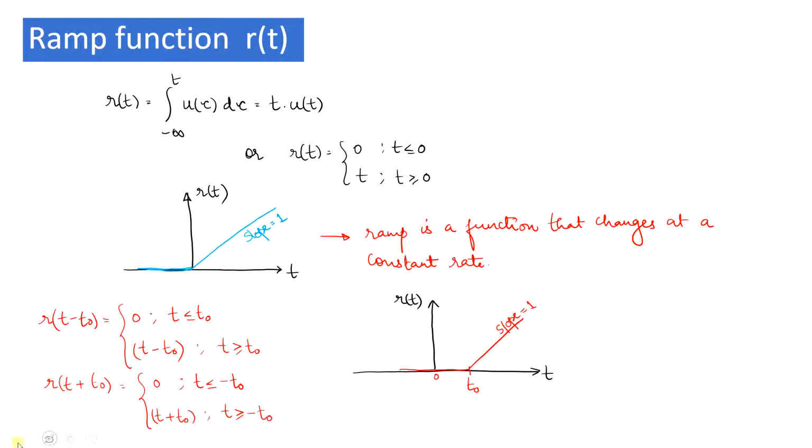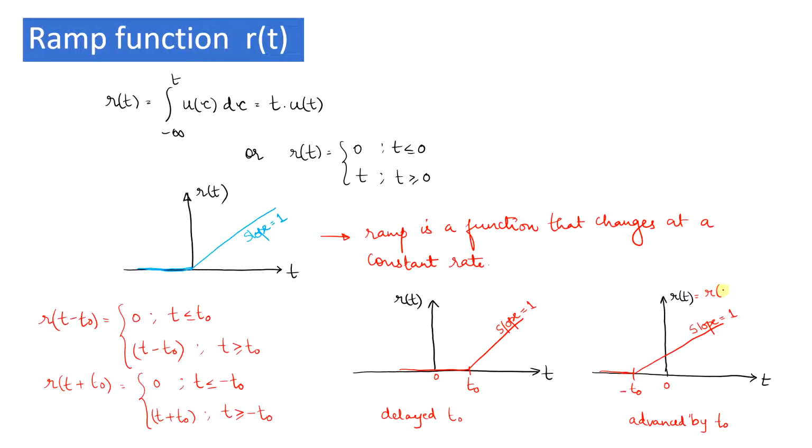Graphically, this is 0, this is minus t naught with the slope equal to 1. So this is advanced by t naught and this is delayed by t naught. So I can write this as r of t plus t naught, and this is r of t minus t naught.